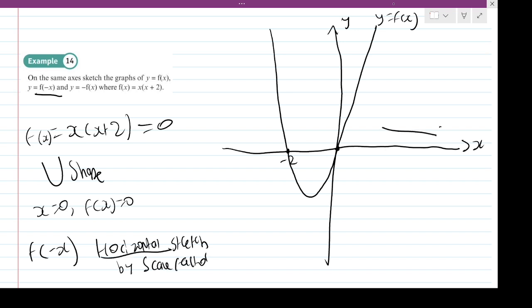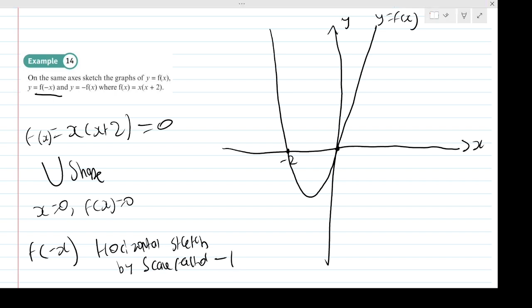Remember, the x-axis is a horizontal line. We'd expect the scale factor to be multiplied by -1, but instead you divide by -1. So the scale factor would be 1 over -1, which is still -1 in this case. That means the x coordinates are being multiplied by -1.